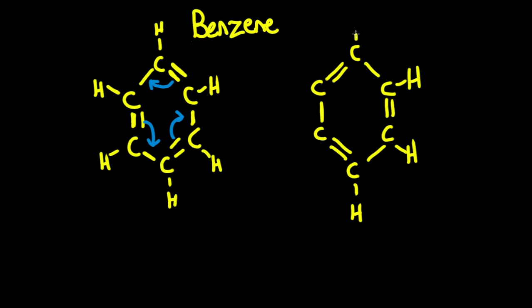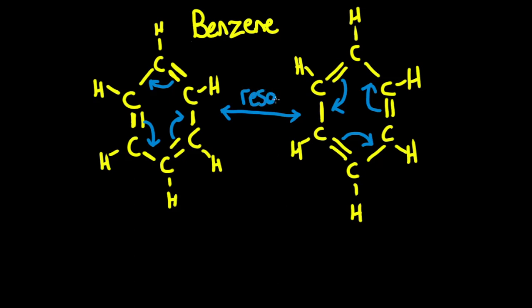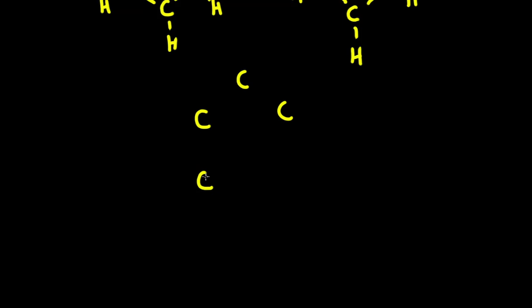And these keep on kind of rotating around too. Just around and around they go. And so this is called resonance, where my electrons are basically passed around. And so what I can do is draw a configuration of this that makes a little bit more sense now that we know about resonance. I can draw a circle in there.